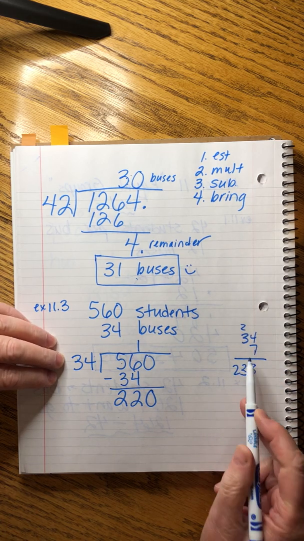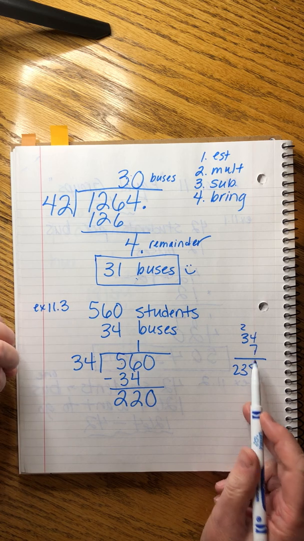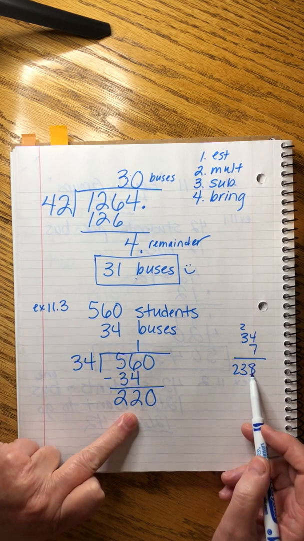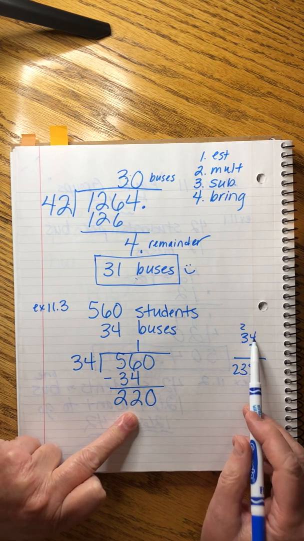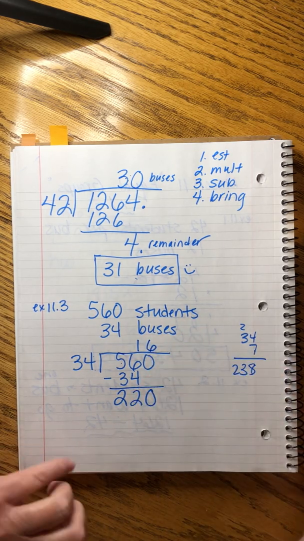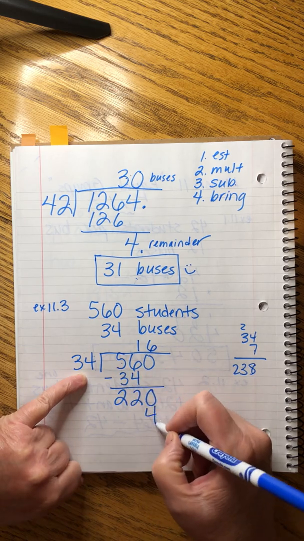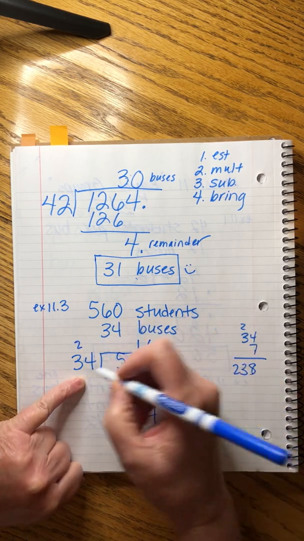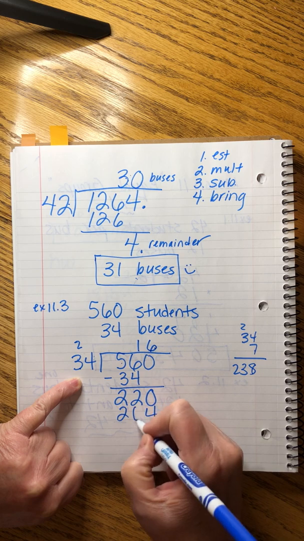I do a little side multiplication to test my best guess, and I see that's too high, right? 7 times 34 is actually that. It's too much, so I'm gonna go with 6 instead. 6 times 4 is 24, carry the 2, 18, 19, 20.